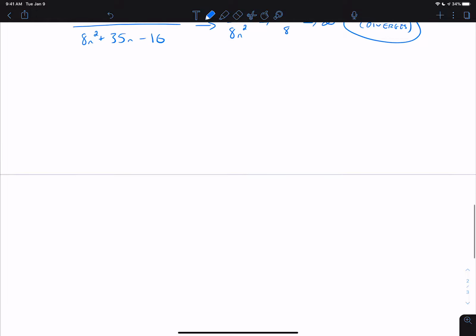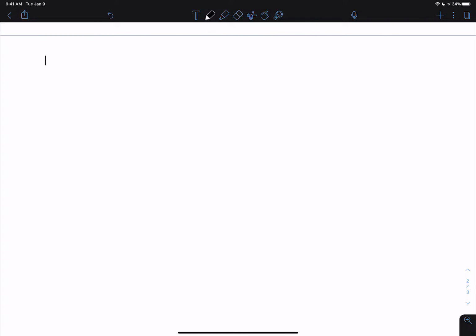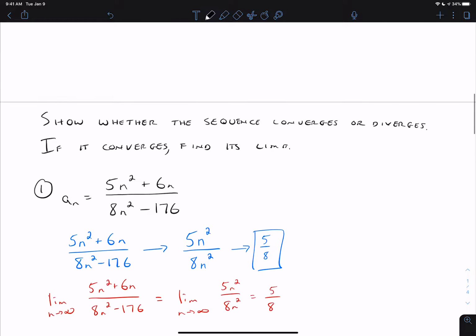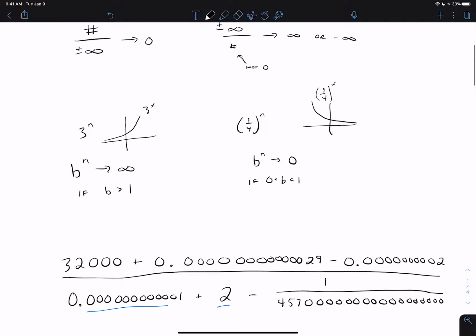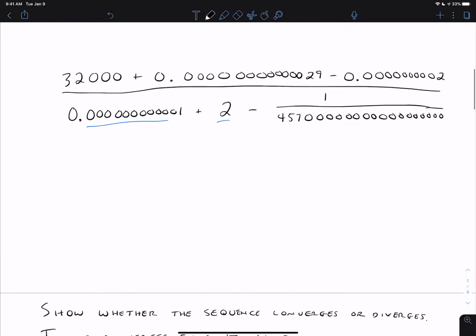Okay, let's look at some examples with exponential functions in them. Number 4 is a_n equals (4/5)^n. A few minutes ago, when we were talking about the informal idea behind limits, we said that b^n approaches infinity if b is bigger than 1, and b^n approaches 0 if b is between 0 and 1.